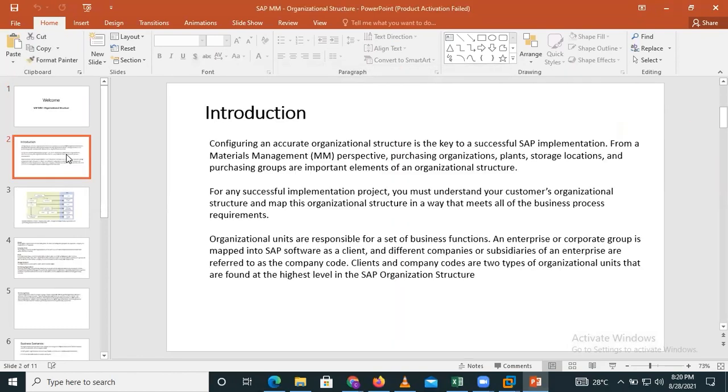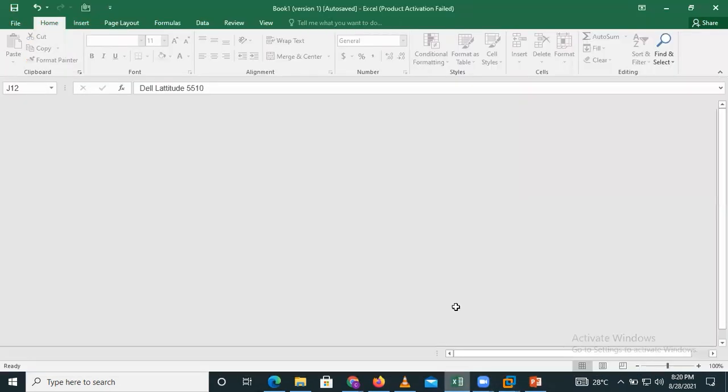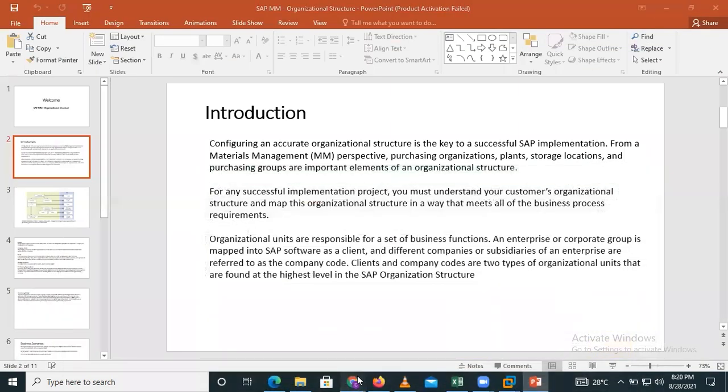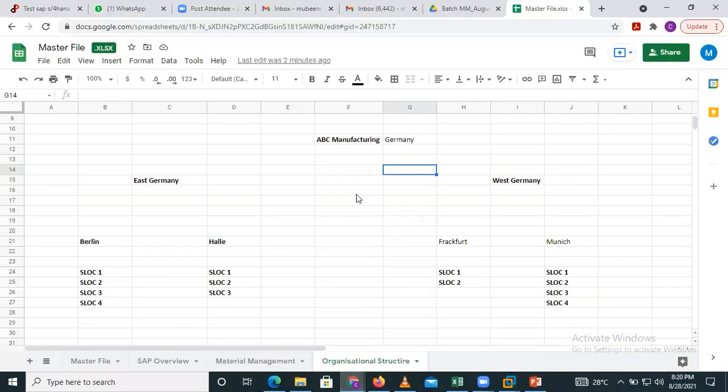Okay, so organization structure. Now, introduction. Let me go through that one first, and then we'll discuss it. Configuring an accurate organization structure is the key to successful SAP implementation. So if you're planning to implement SAP, your organization structure should be mapped properly. If your organization structure is mapped properly, then you can map your business process properly.